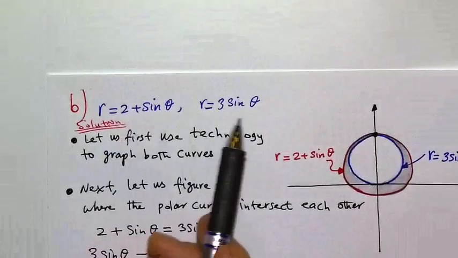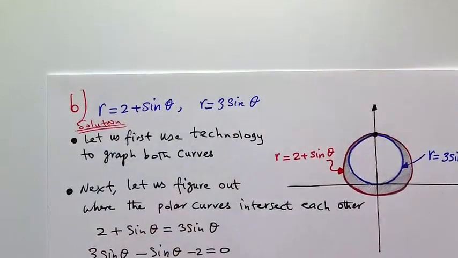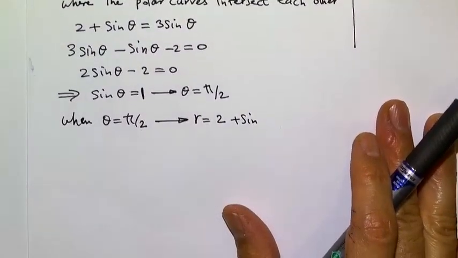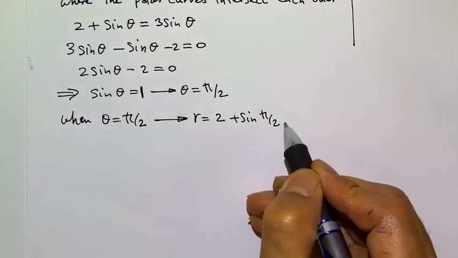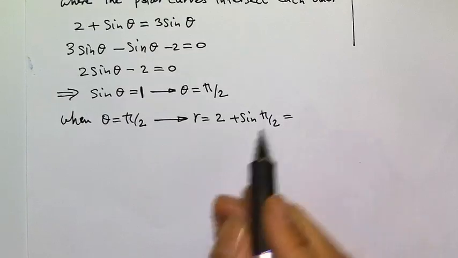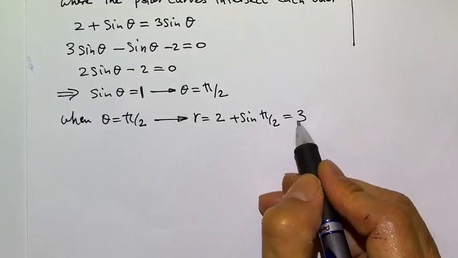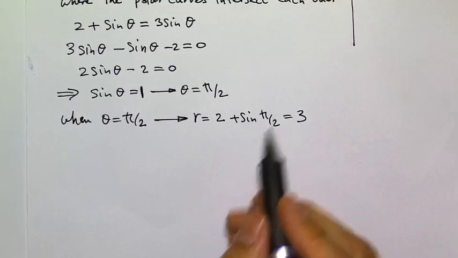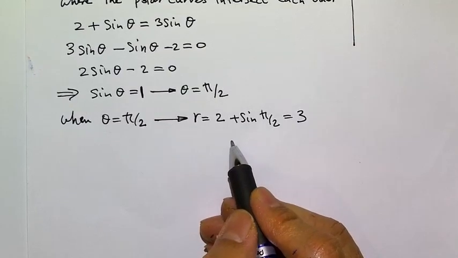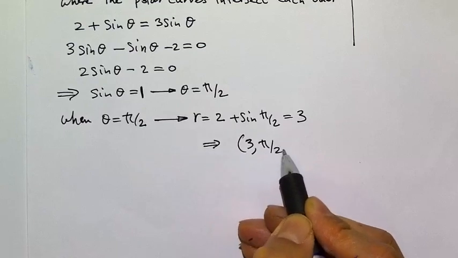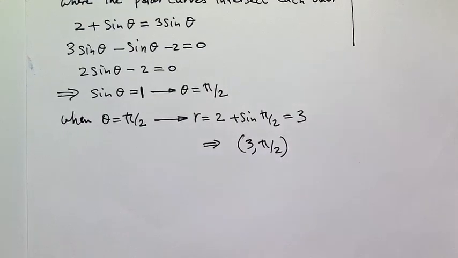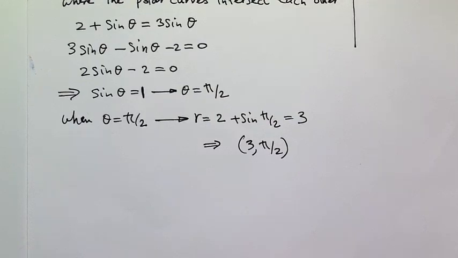I'm using this equation, but you would get the same result if you use the other one. Of course, sine of pi over 2 is 1, and 1 plus 2 is 3. So the point of intersection is 3 comma pi over 2. Okay, so that's that point.